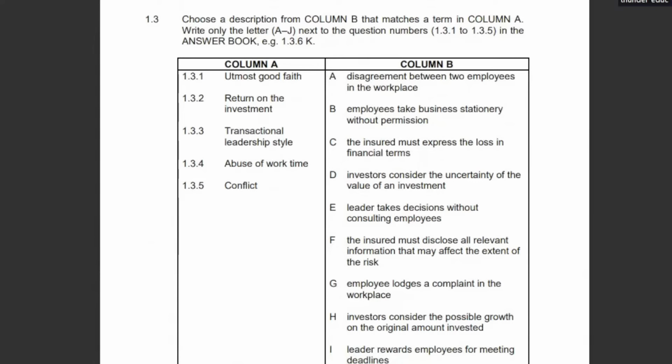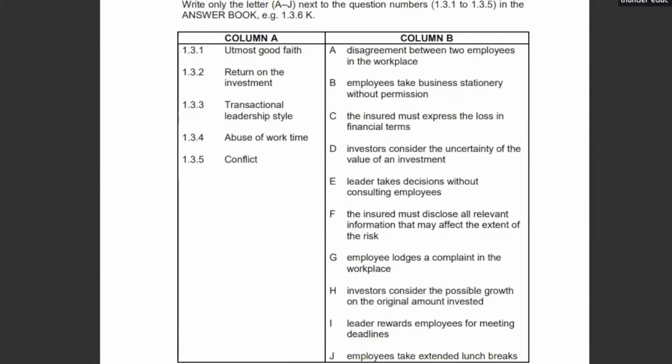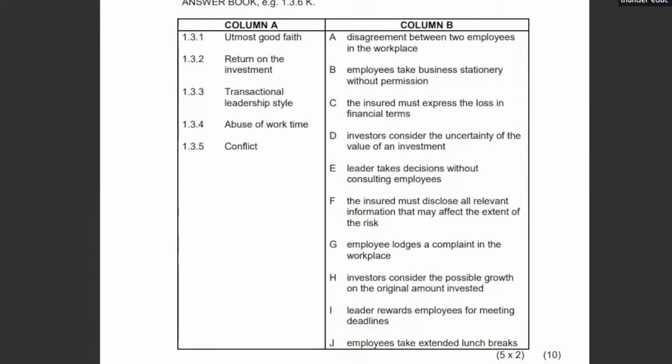So now we have 1.3.1 to 1.3.5 in the answer book. We are actually given an example, 1.3.6, as K. So now these types of questions, grade 12s, whenever you attempt this particular type of question, make sure that in column A, you go through the given set of concepts, and then you understand what those concepts are.